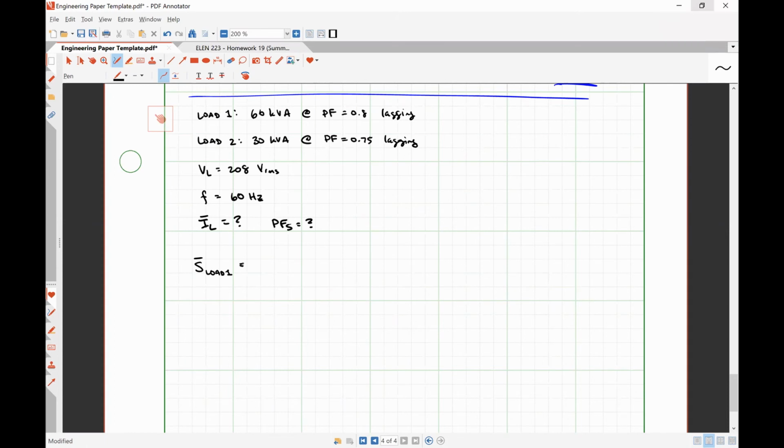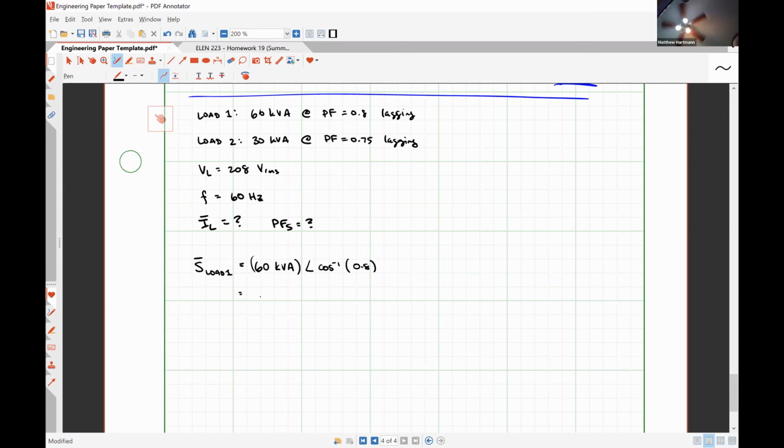Right. By definition, the apparent power is the magnitude of our complex power, so we don't need to divide by the power factor or anything here. So we're going to have 60 kVA, and our angle is going to be the inverse cosine of our power factor, which is 0.8.